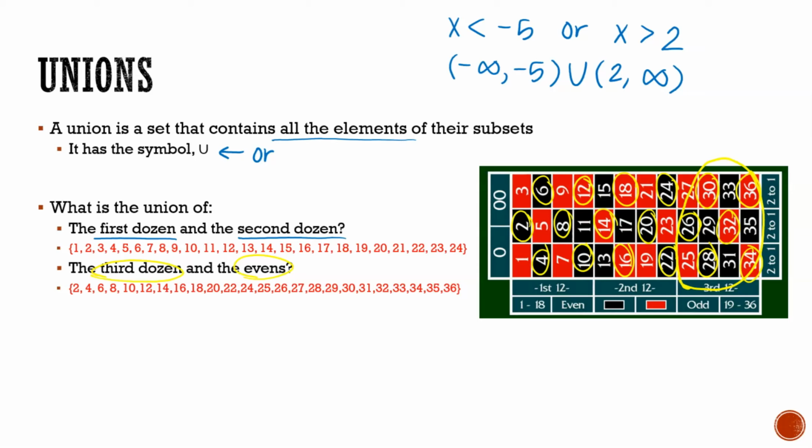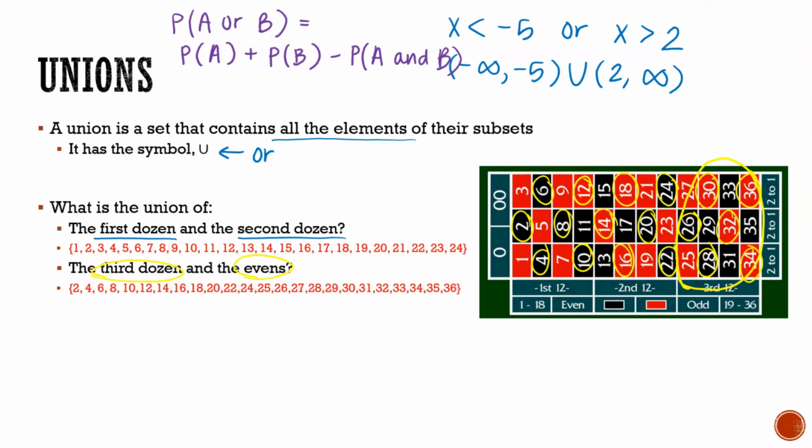I hope this reminds you of what we were doing last class. We learned the word or as well as and. We said the probability of A or B occurring would be equal to the probability of A plus the probability of B, and we subtracted out the probability of both A and B occurring.